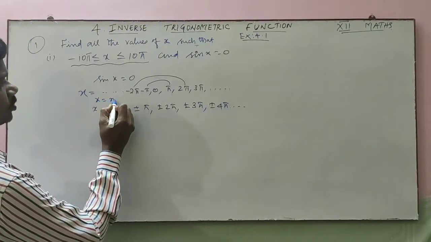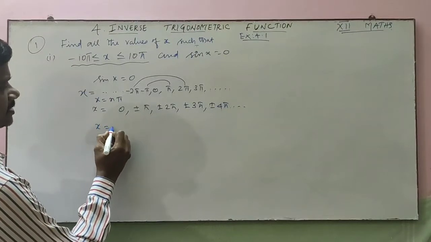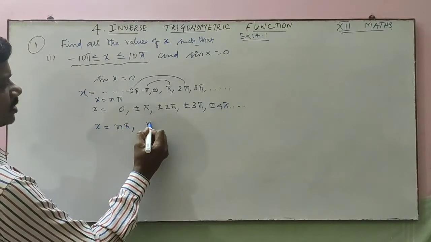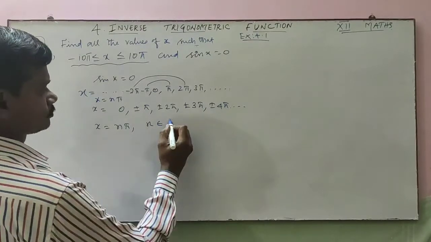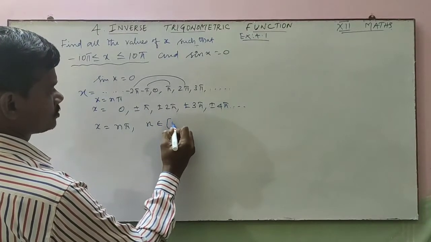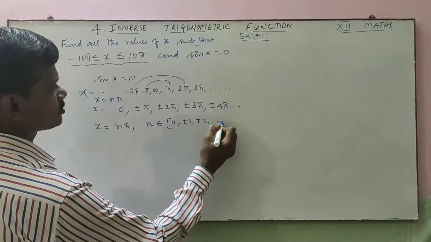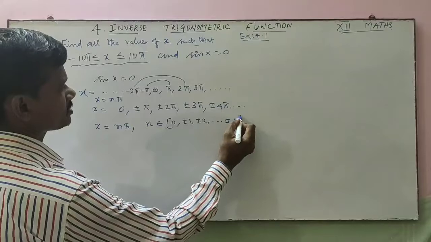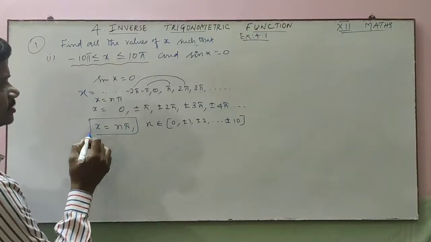So x is equal to n pi. You can write this as x is equal to n pi for n belongs to 0, plus or minus 1, plus or minus 2, up to plus or minus 10. In general, you can write like this.